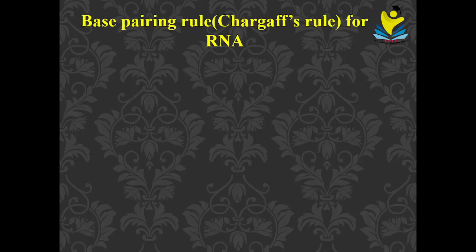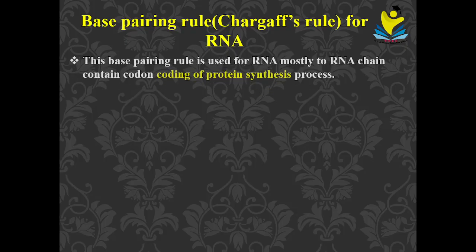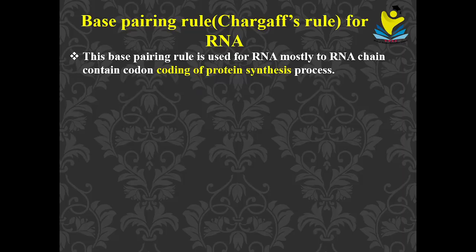Okay, now we discuss the topic of the base pairing rule, or Chargaff's rule, for RNA. This base pairing rule is used mostly for the RNA chain containing the coding for the protein synthesis process.